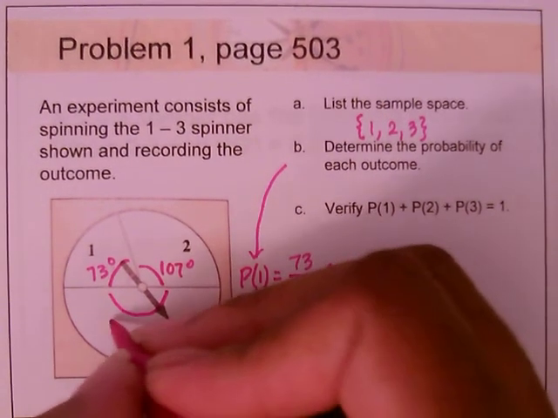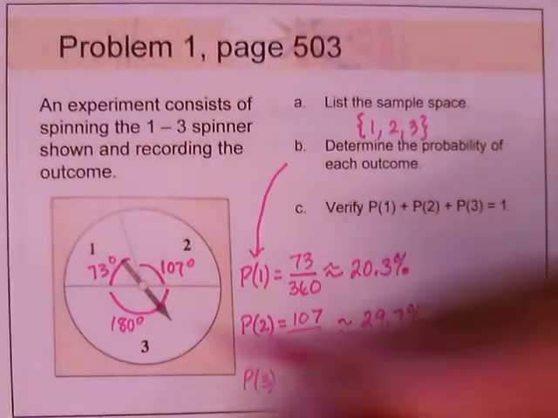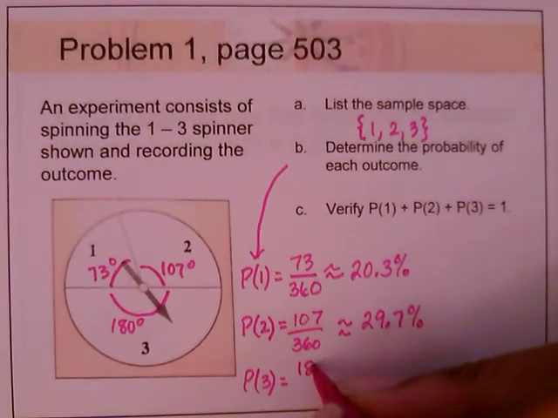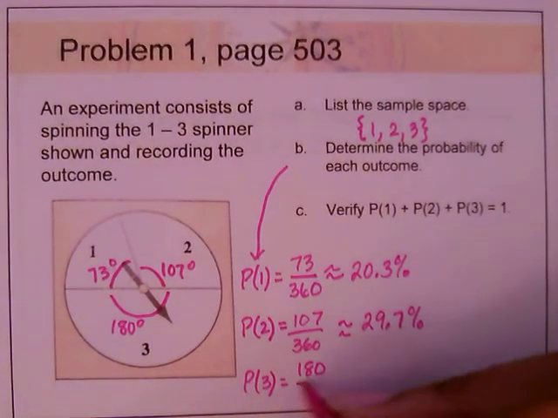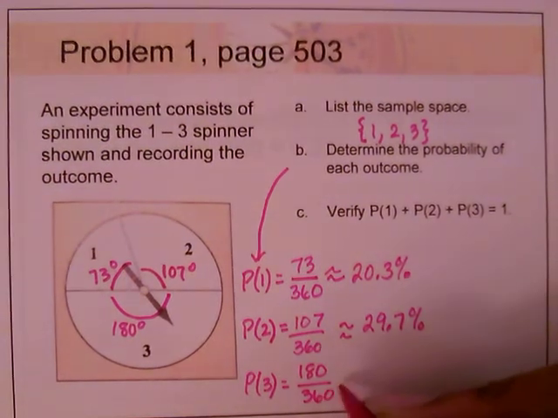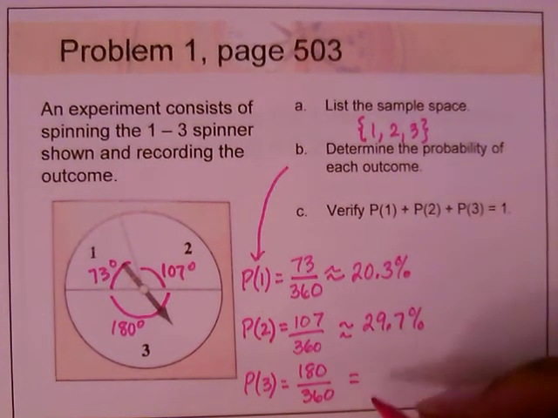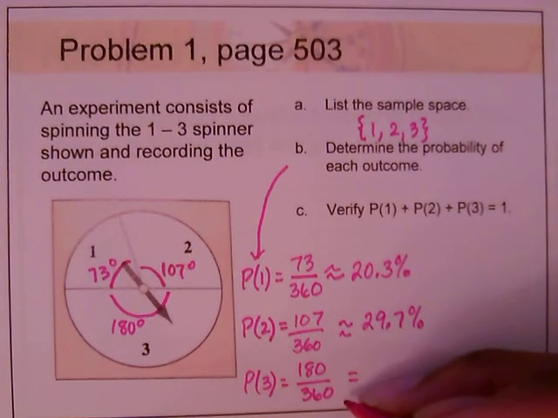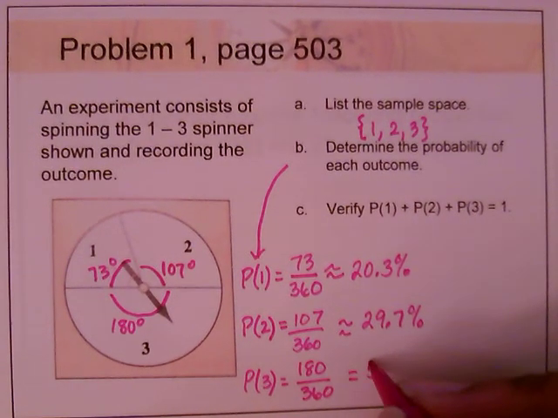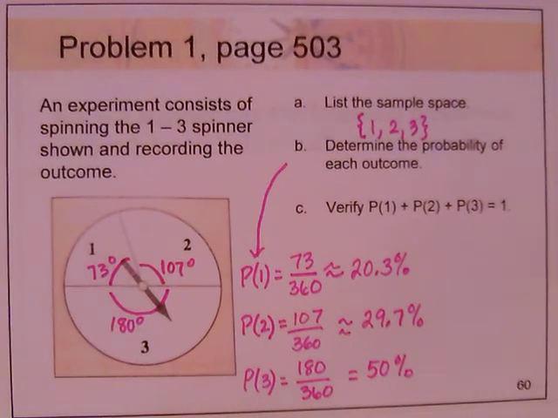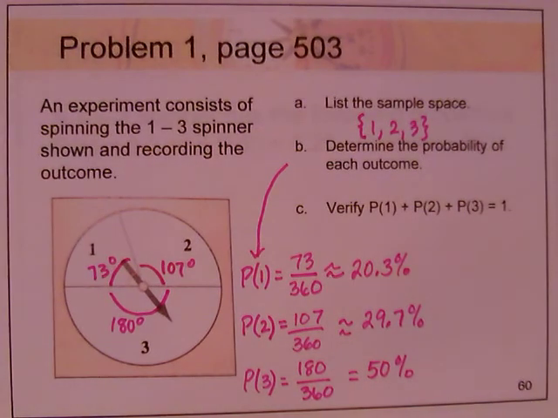So this will be 180 divided by 360. And if you do 180 divided by 360 times 100, that would be 50%. So that's part B.